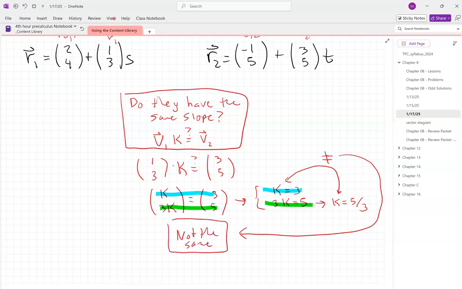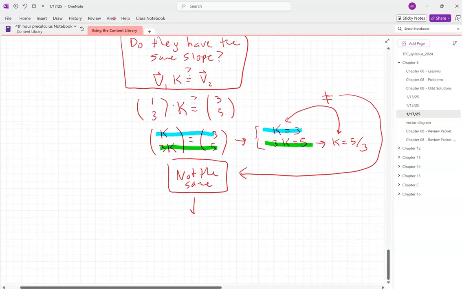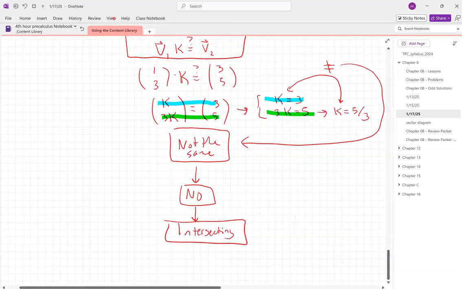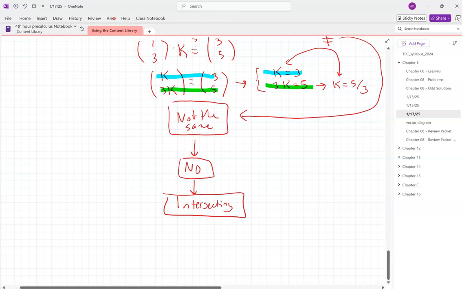So no, since those are not the same, that tells us they're not the same slope. So that tells us we're intersecting. Okay, so to find that point of intersection, we take R1 and we set that equal to R2.